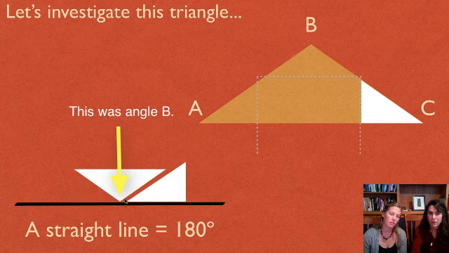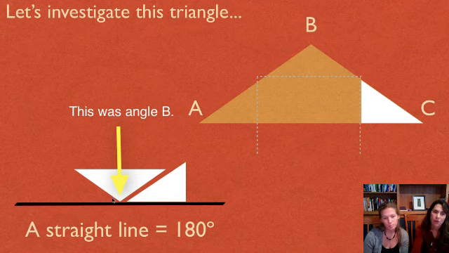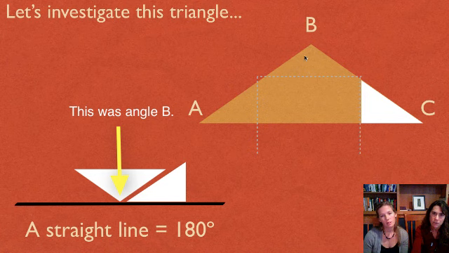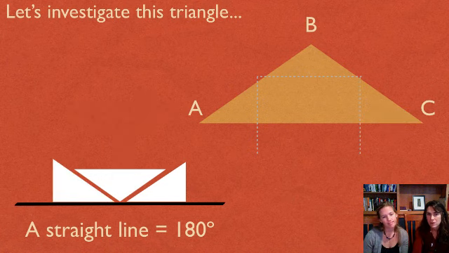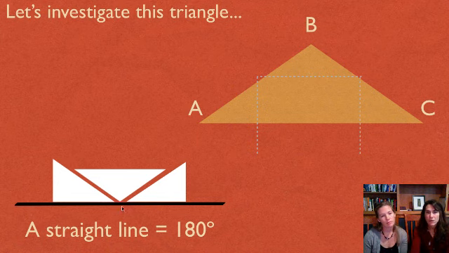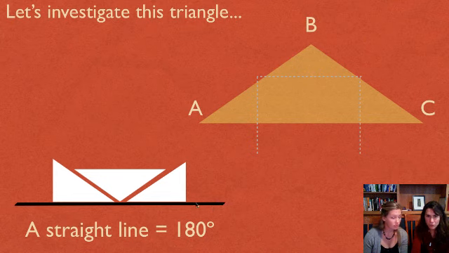So that angle right there was at the top, but now is flipped over here. And then we have angle C over here. Once we have all these together, they add up or show up right on a straight line.